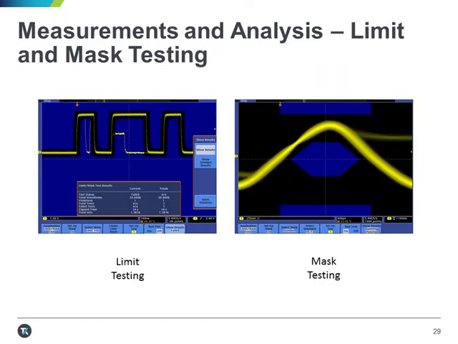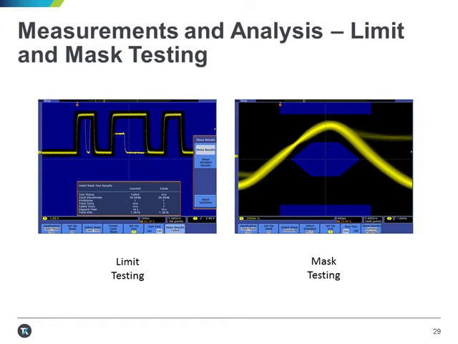Limit testing and mask testing are similar, so allow me to cover them at the same time. Limit testing is not universally available on all scopes because not everyone does this kind of testing, and it takes some considerable time for setup. It can be very useful, though, in pass-fail testing, qualification, and manufacturing environments.